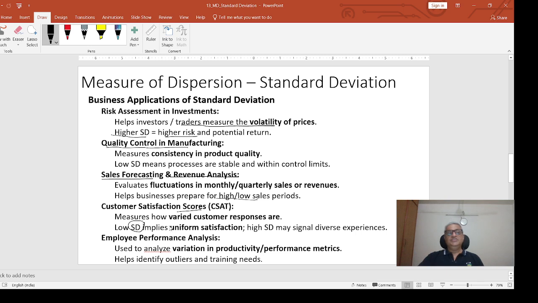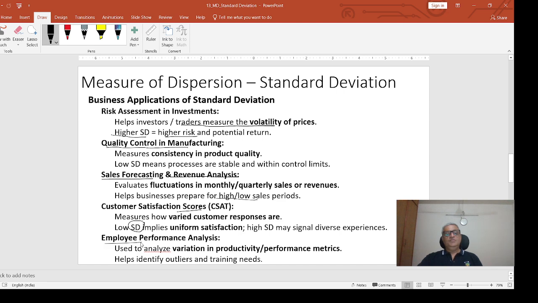But if standard deviation is high, somebody is saying that it's extremely good and somebody is saying that you are extremely bad, then it's a mixed signal. So there are diverse experiences that customers are having with the services or the products that you are manufacturing.